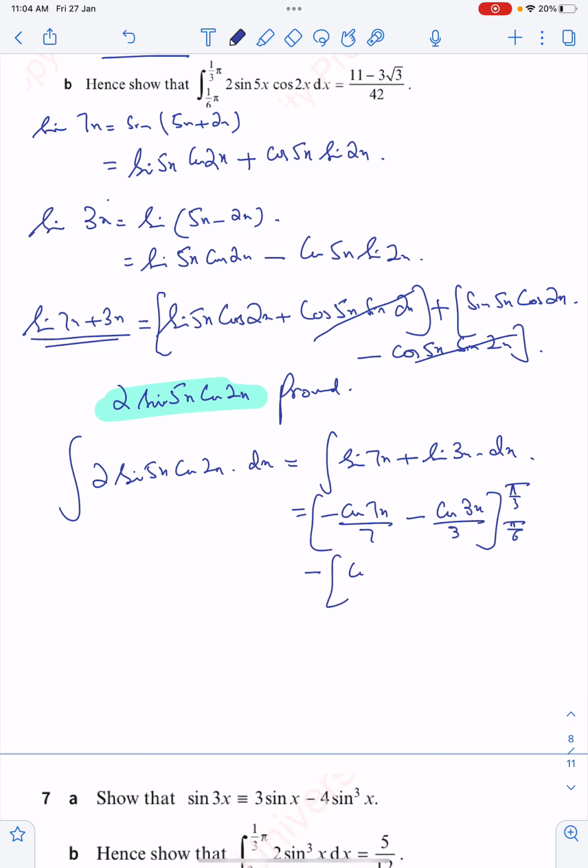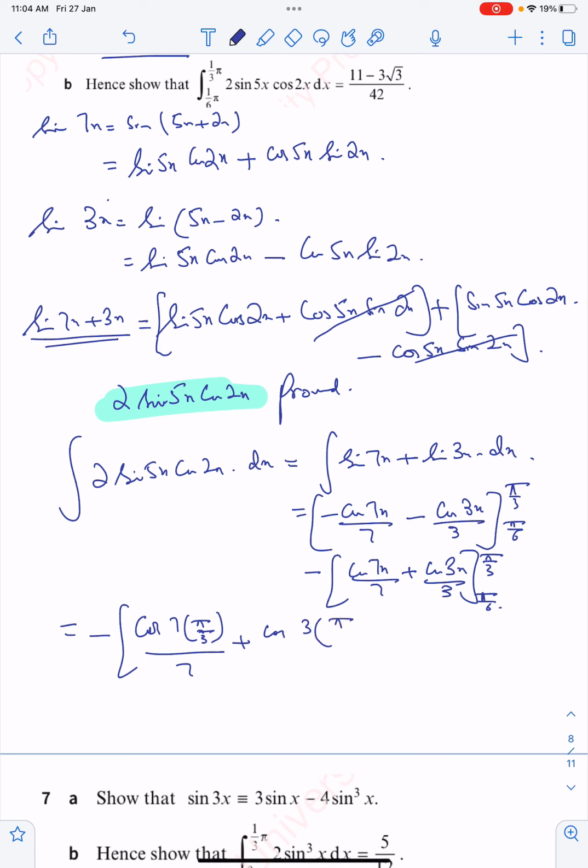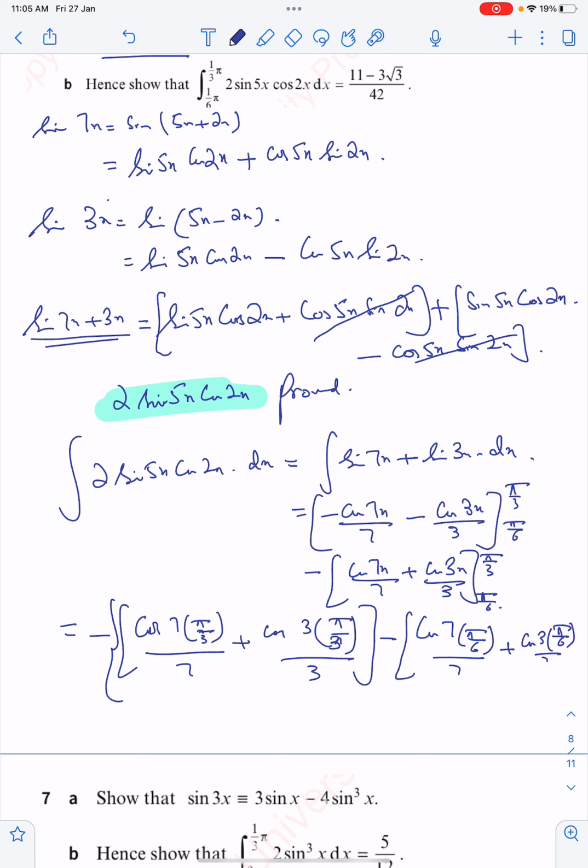So if I take out negative as common, I'll be left with cos of 7x upon 7 plus cos of 3x upon 3 with the boundaries pi by 3 and pi by 6, equals minus cos of 7 pi by 3 upon 7 plus cos of 3 pi by 3 upon 3, minus cos of 7 pi by 6 upon 7 plus cos of 3 pi by 6 upon 3.